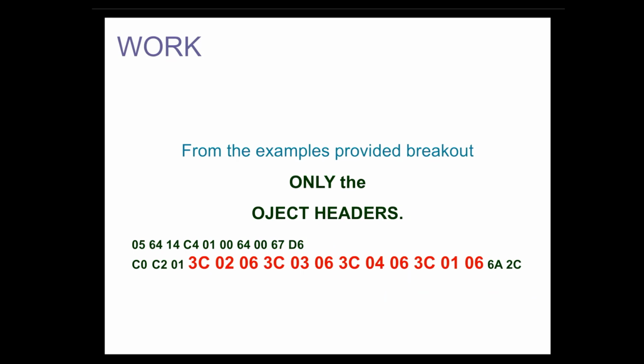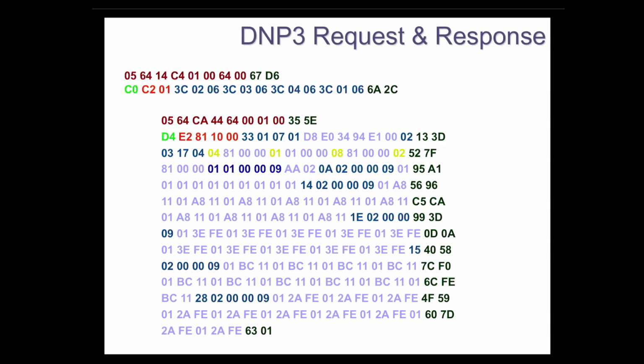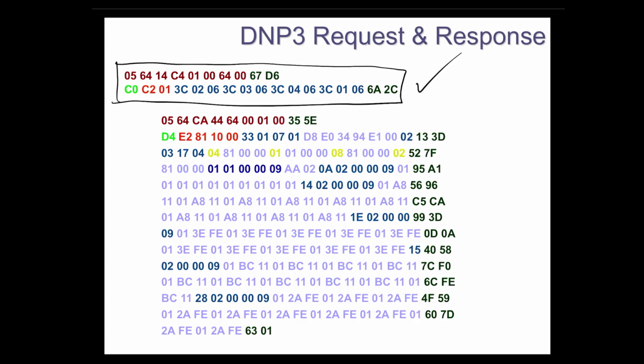So that's really it, guys. I'm just going to go back to this as our final wrap up. And here's our DNP request and response. Everything you see here for the request, you should be able to go through the process of interpreting every byte in this message. Okay, so that's something we're fully capable of doing.